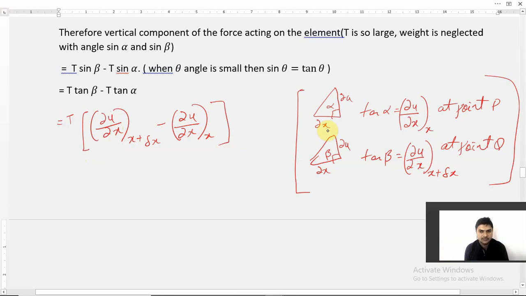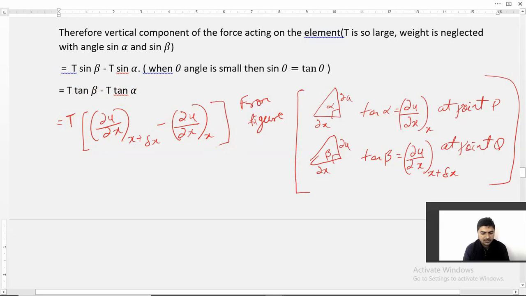I've just substituted this value from the figure. Now I want to simplify this. T is common, so I have taken T outside and I substituted only tan alpha and tan beta in this equation. That's nothing else I have done.